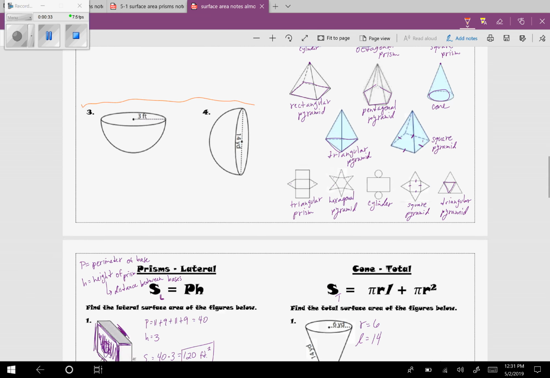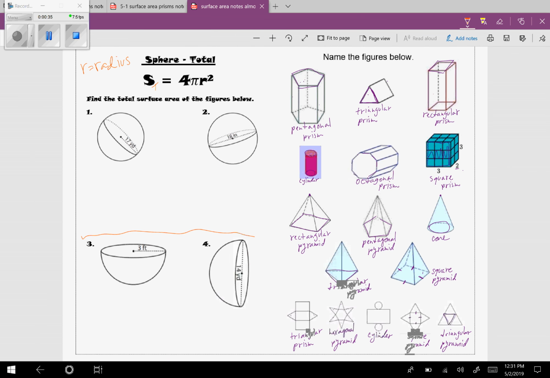So our first one, our radius is 17. All we have to do is plug in 4 times pi times our radius squared, so times 17 squared. And again, we're going to get this in terms of pi and then also do it to the nearest tenth. In terms of pi, we do 17 squared times 4, which would give you 1,156.